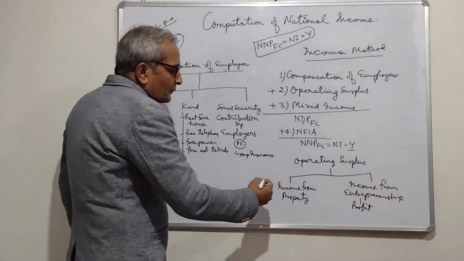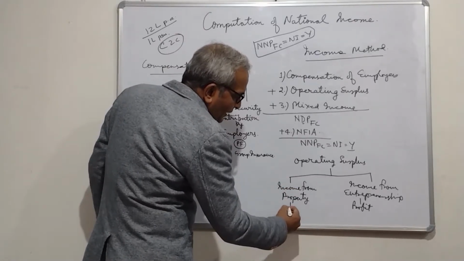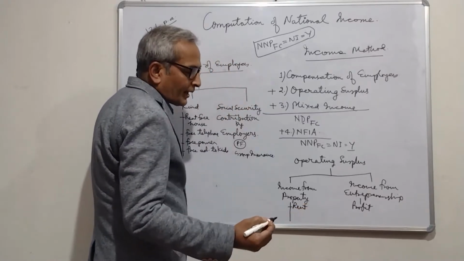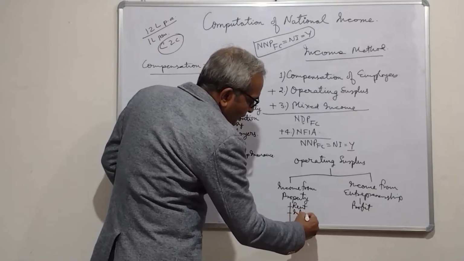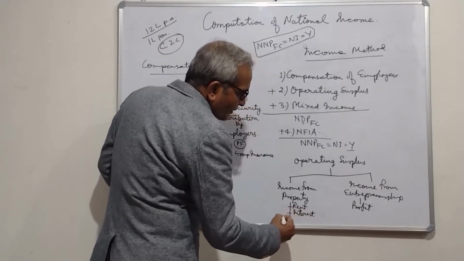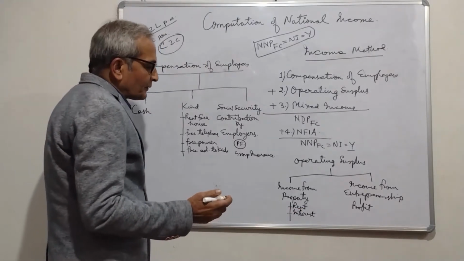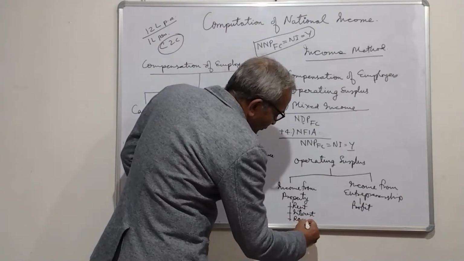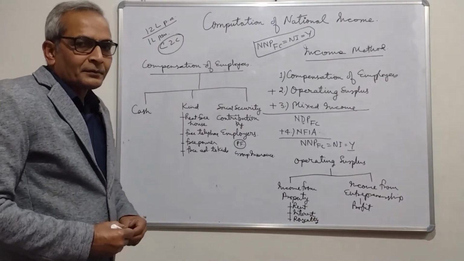And income from property, we have three components. One is rent, which we get for land and building. Then there is interest, which we get for capital that is invested. And then there is royalty. This royalty comes from intellectual property.